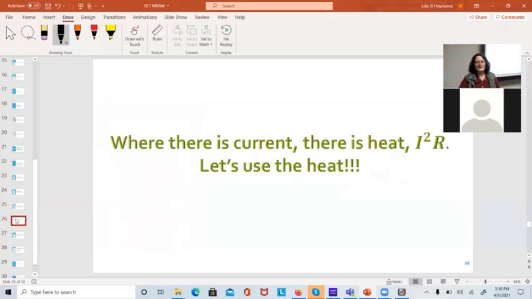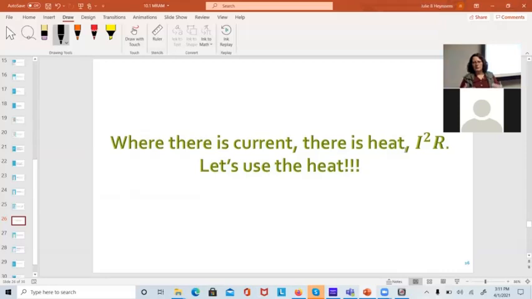Really short movie. Okay, now here's the next breakthrough we've got. Where there is current, there is heat. The heat losses from current can be calculated by this amazing formula called I squared R. It's a really good one to remember. Since I have current, I'm going to use the heat.